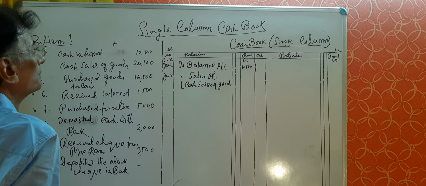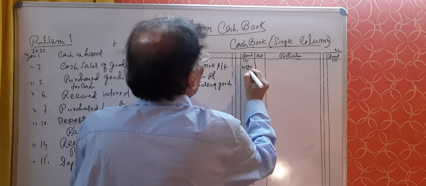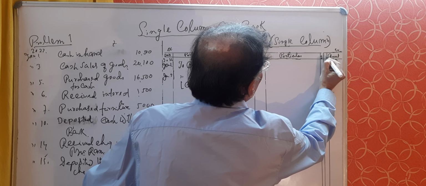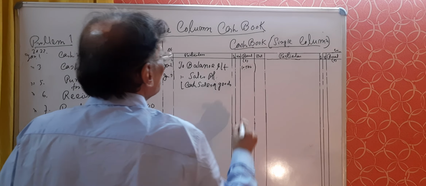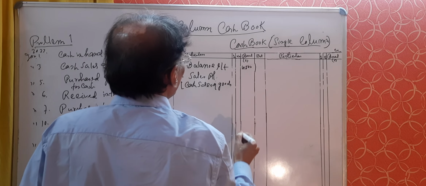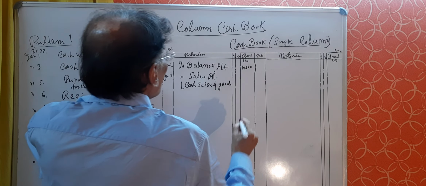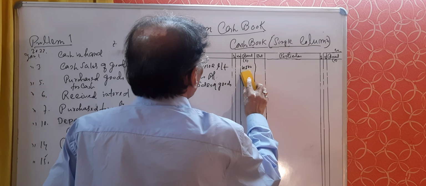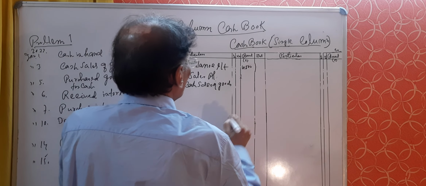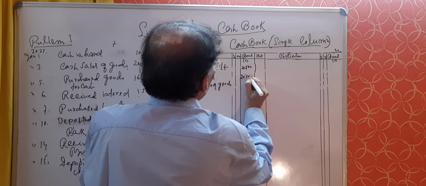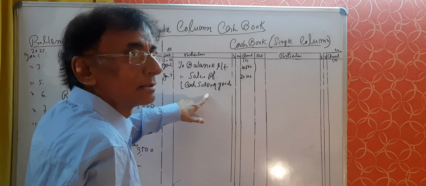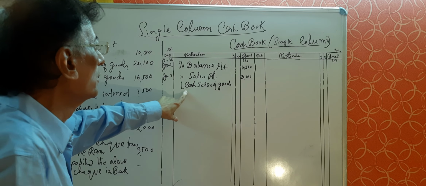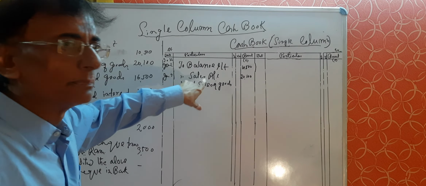Cash sales of goods is 20,100. Narration, cash sells some goods. Is it okay? Cash comes in debit, we should go to the debit side of cash book and we should credit sales account. This is simply ledger posting.